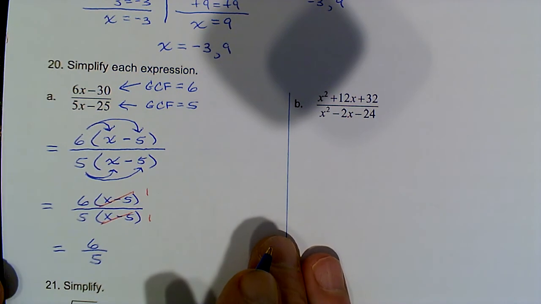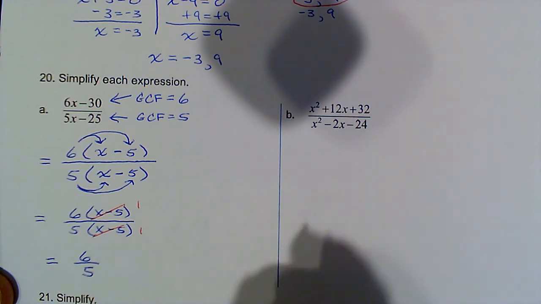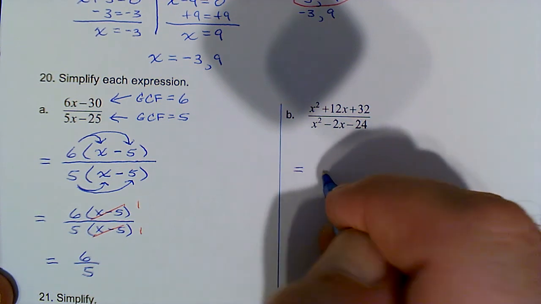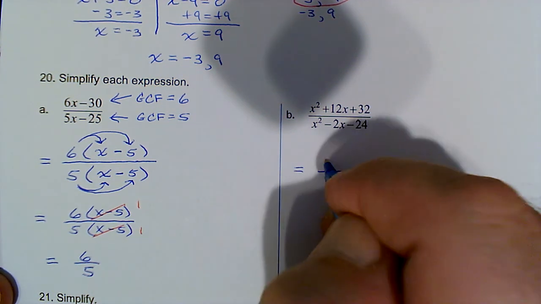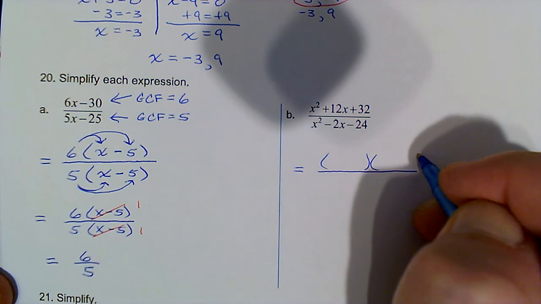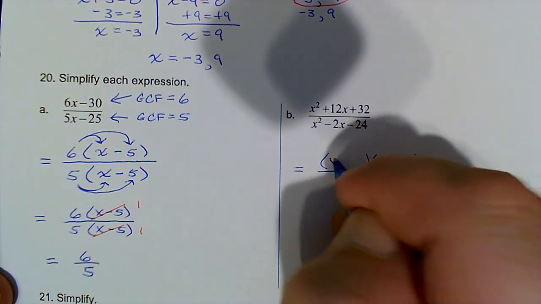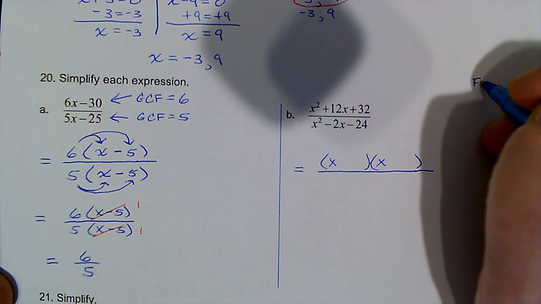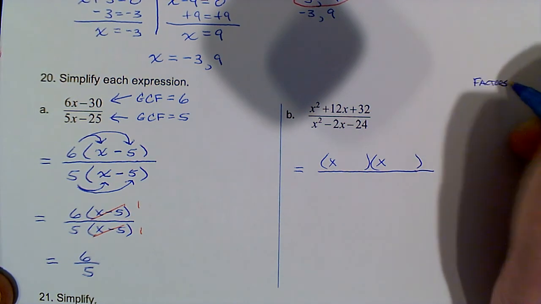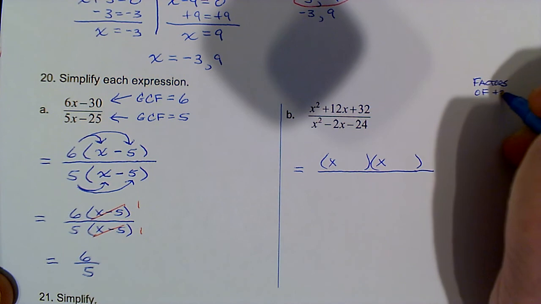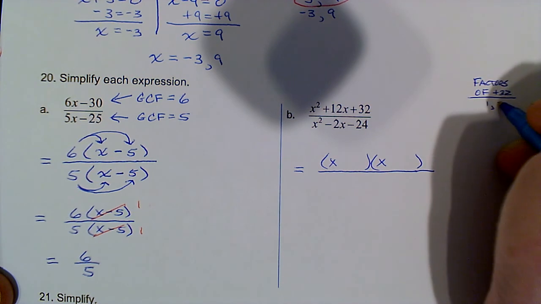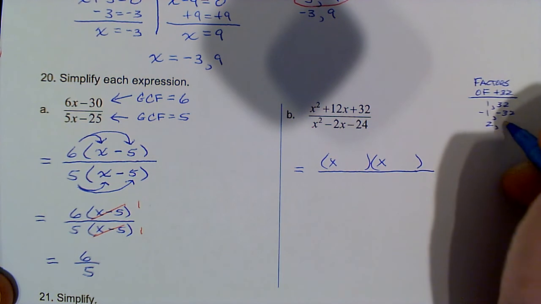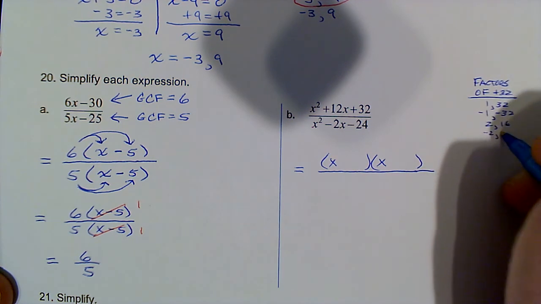Okay, and then for part B, there are two factoring problems essentially again. Both factor as the product of two binomials. So in the numerator, an x and an x. We're looking for factors of positive 32. So 1 and 32, negative 1, negative 32, 2 and 16, negative 2, negative 16.